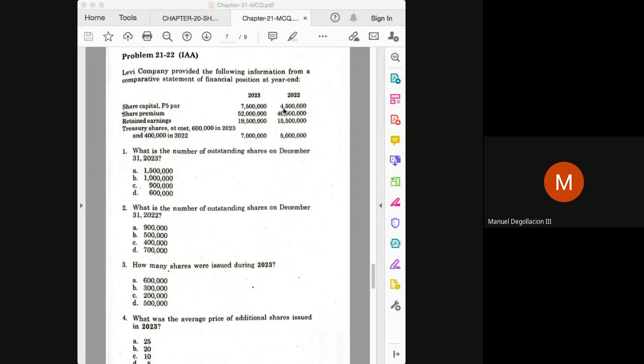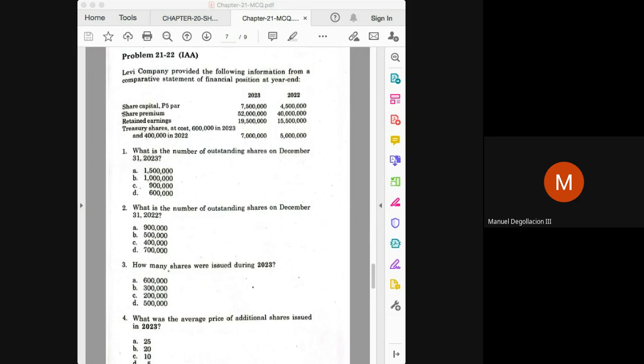So if our share capital is 4,500,000 in 2022, and we know that the par value is 5 per share, all you have to do is divide 4,500,000 by 5. That will give you the total number of issued shares as of 2022. So we have 900,000.